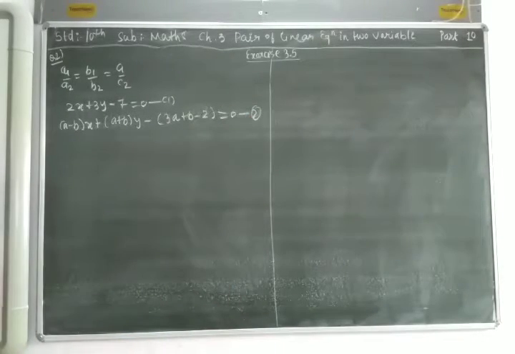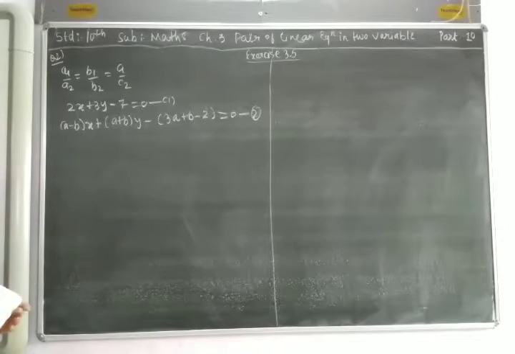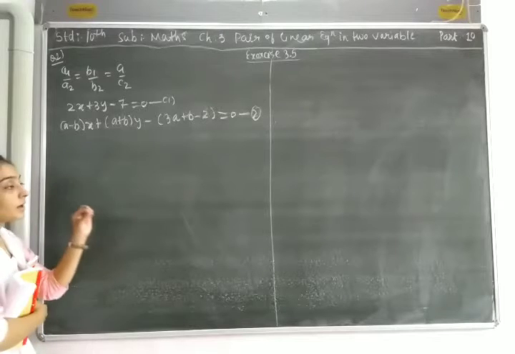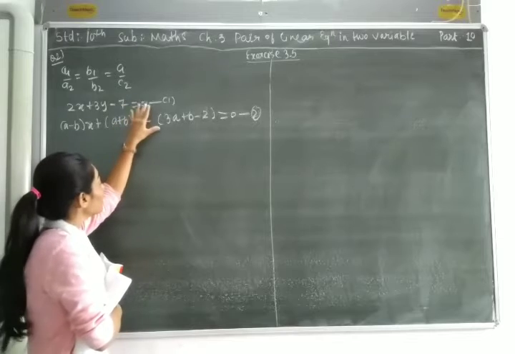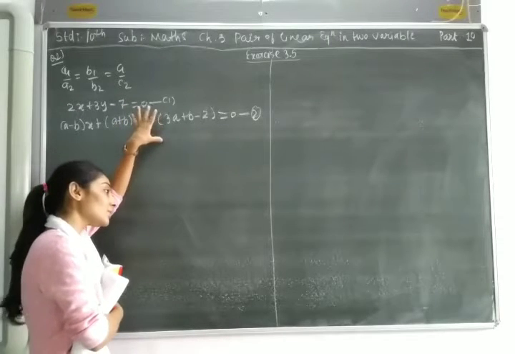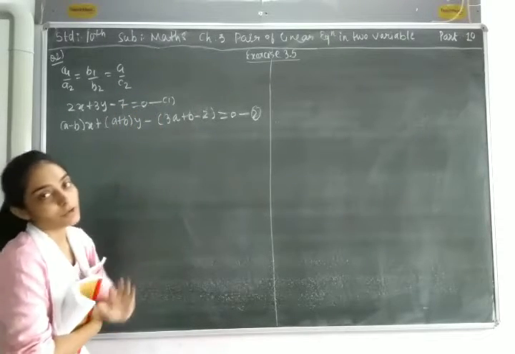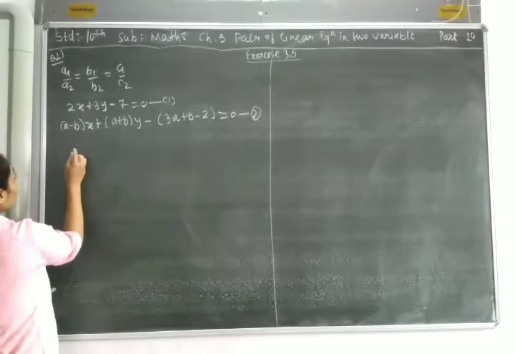Now we just compare its ratios. The given thing is both equations are coincident equations and give an infinite number of solutions. So we just write it in this form.